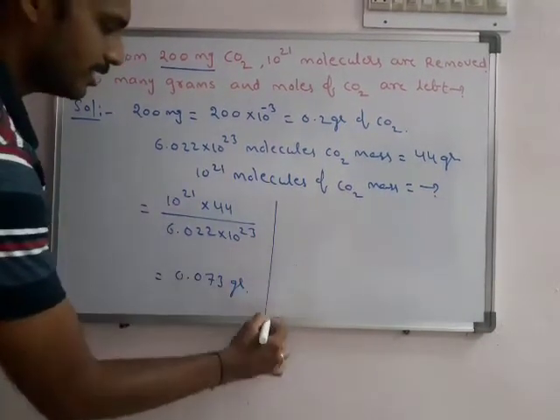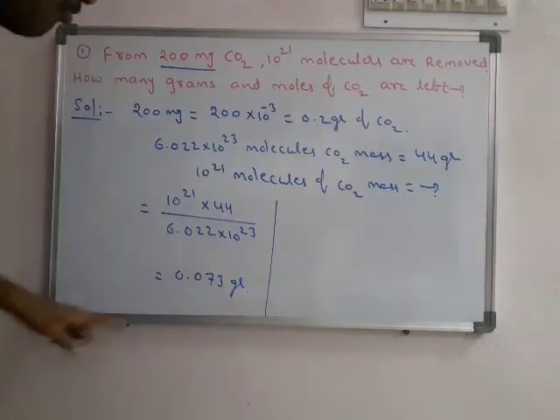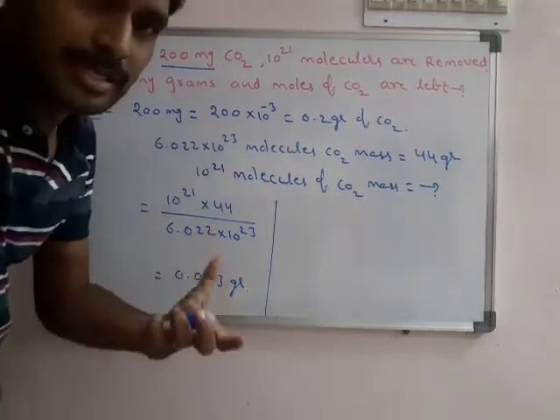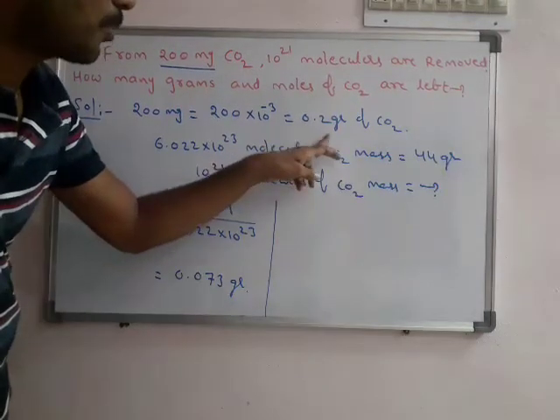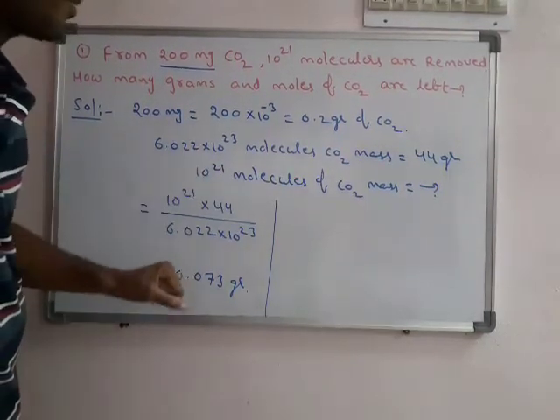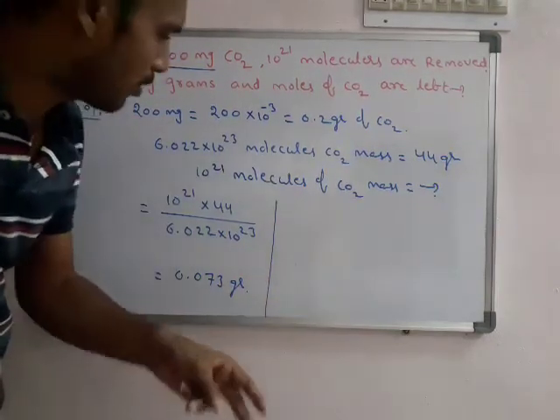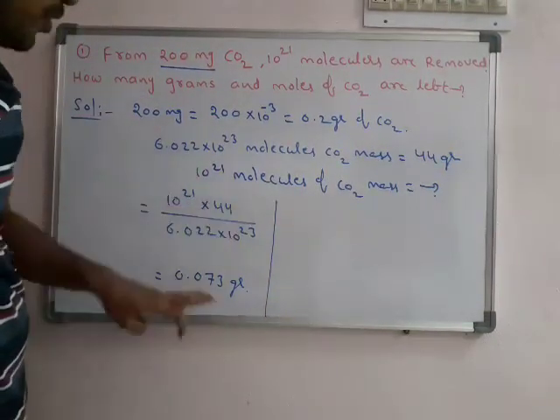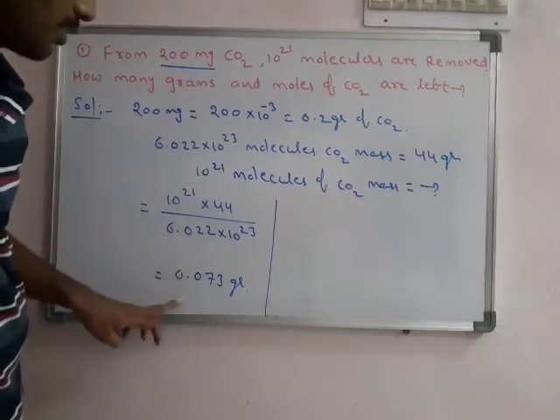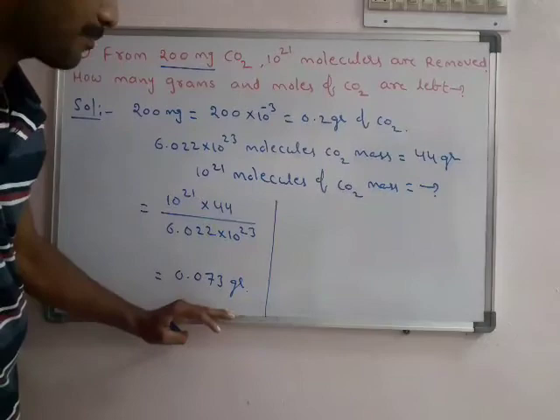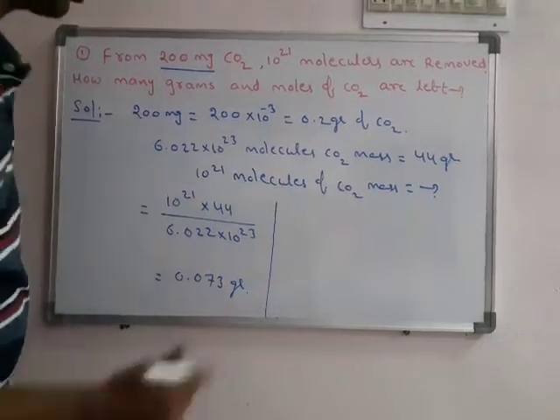So 0.073 grams of mass is removed from the given carbon dioxide. Given carbon dioxide how much? 0.2 grams. అంటే 0.2 grams నుంచి 10^21 molecule తీసేశారంటే 10^21 mass ఎంత? 10^21 molecule mass we got on this calculation is 0.073 grams. So ఈ 0.073 grams is removed from 0.2 gram.